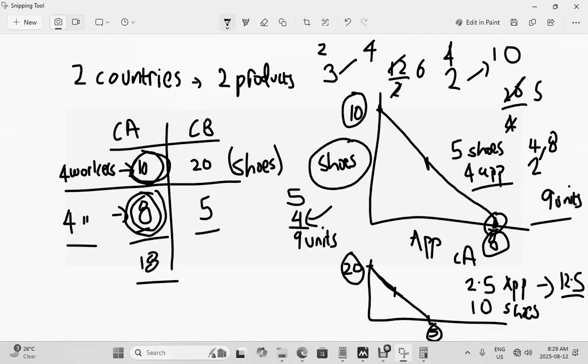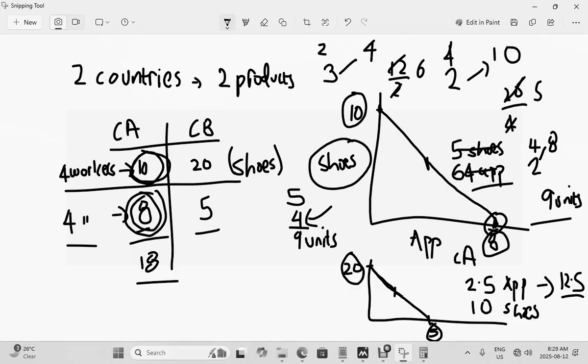All right, so if they assign 3 workers, they will have 6 appliances. And in terms of shoes, because they've assigned 3 workers, you only have 1 worker left for shoes. And we know that 2 workers produced, let's say, 5 shoes.